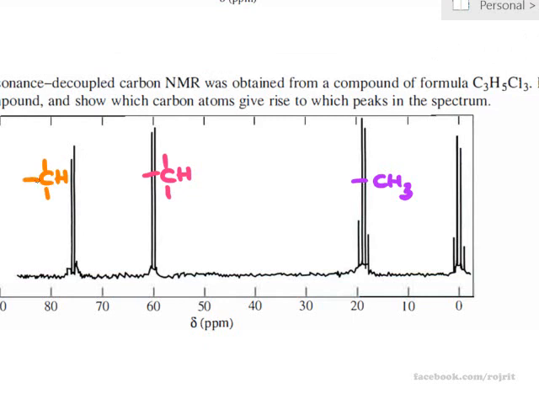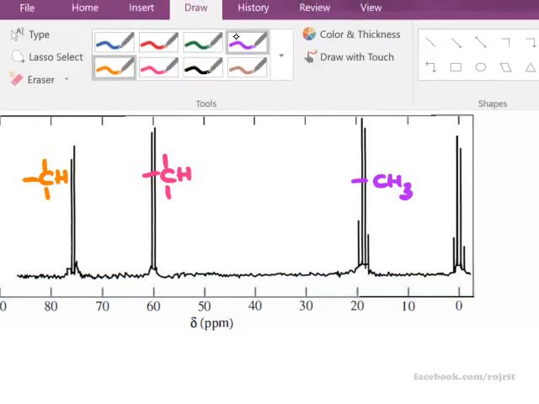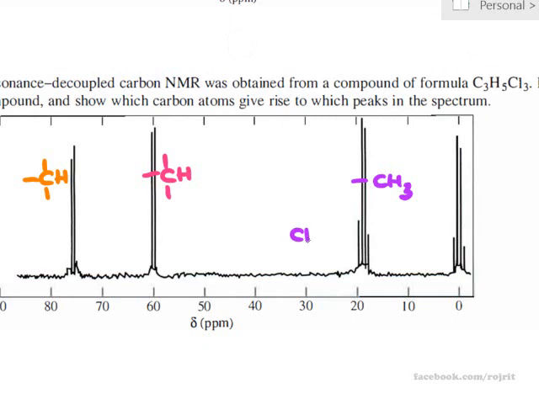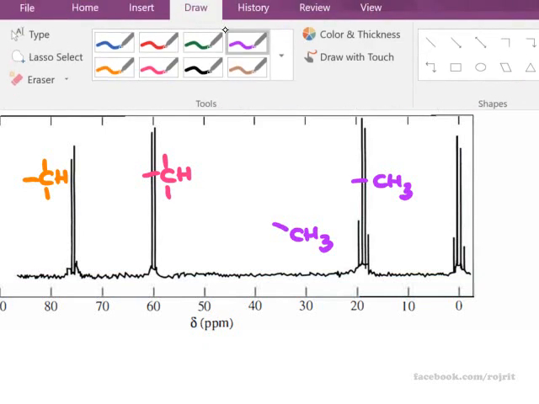But remember that we have 3 carbons, right? So we have to connect all these 3 carbons together, and there's only one possibility. They connect into a line. And so if I just start with CH3 in purple color over here, then the question is whether yellow or pink would be here.